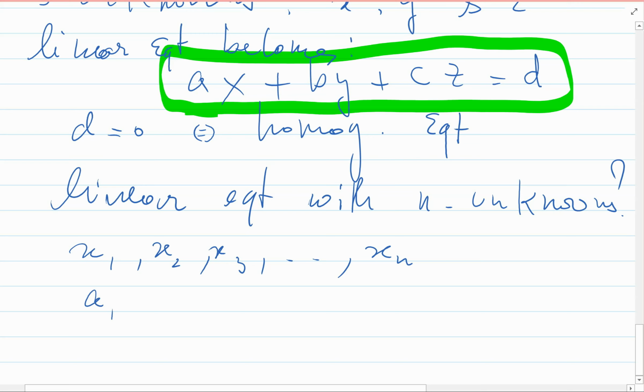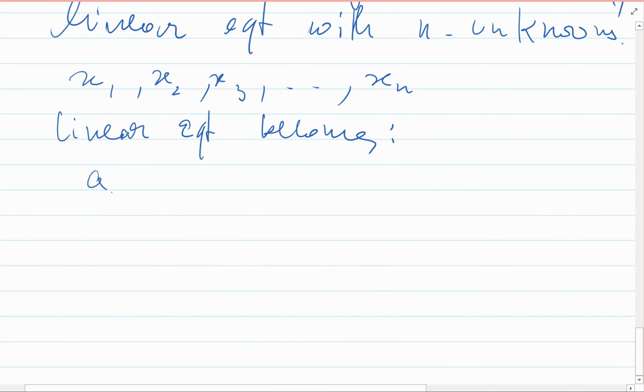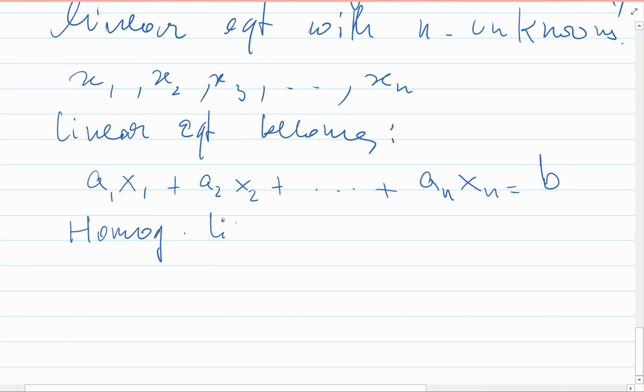So the linear equation now becomes a1 x1 plus a2 x2 plus etc. an xn equals b. It is a homogeneous linear equation if and only if b is equal to 0.